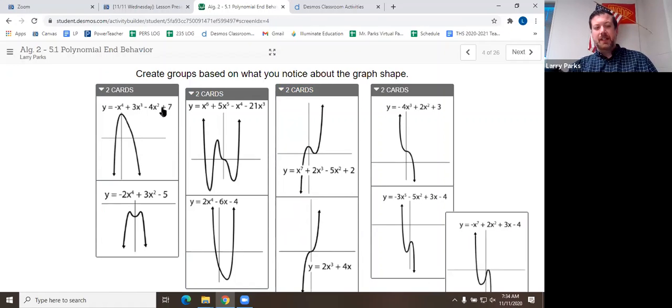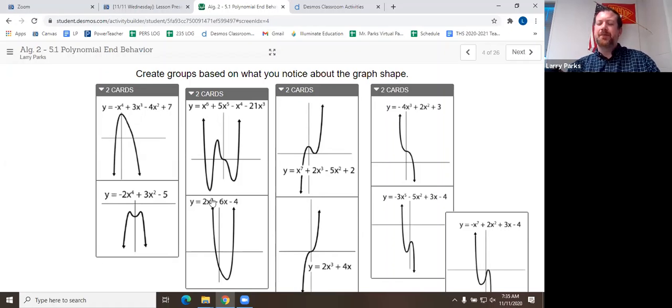So it's kind of interesting because you look at the degree, and if the degree is even, notice all 4 of these cards are even, then whatever happens on the left happens on the right. It's down, down, down, down, or up, up, up, up. So that is if it's of even degree. Notice 4 is even. 4 is even. 6 is even. 4 is even.